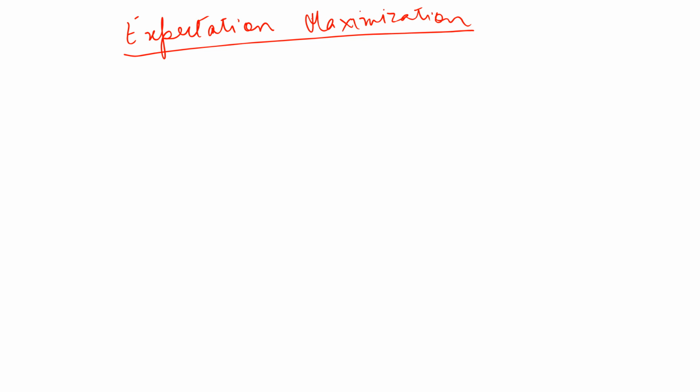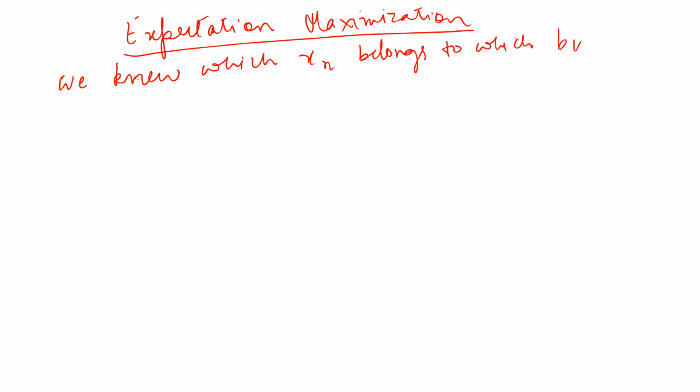And so we are introducing this latent variable, which has similar implications as the Lloyd's algorithm had. For example, if we knew which data point belongs to which bump, then we can easily get the centers and the covariance matrix.